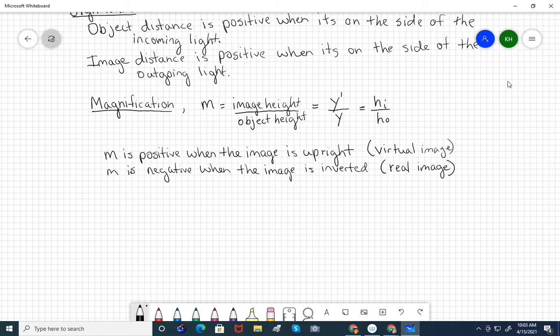So for a plane mirror, M is always equal to 1.